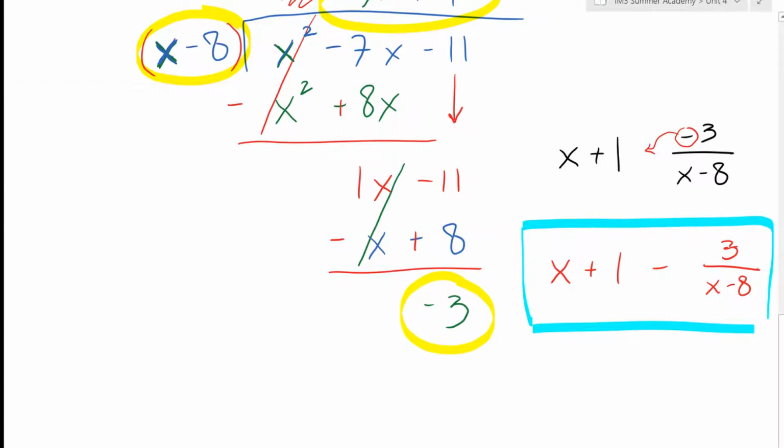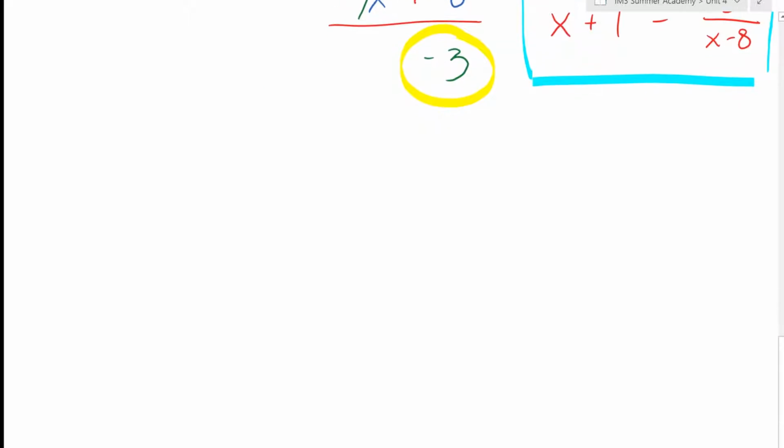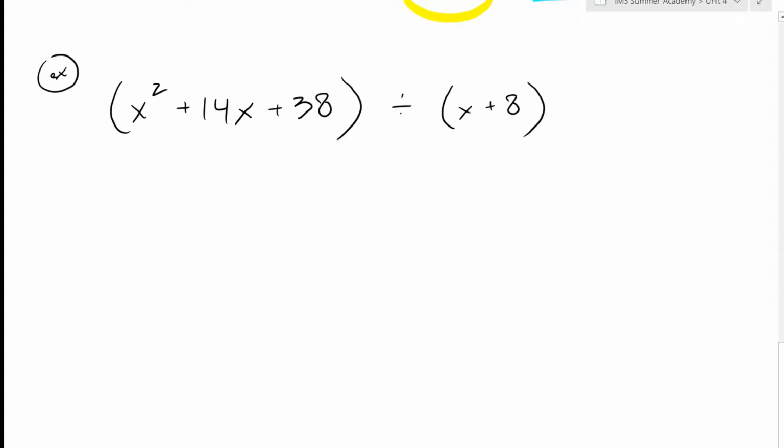Let's try another one. Practice makes perfect. For example, x squared plus 14x plus 38 divided by x plus 8. So bigger piece inside.